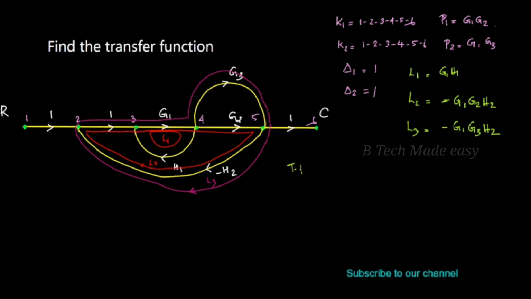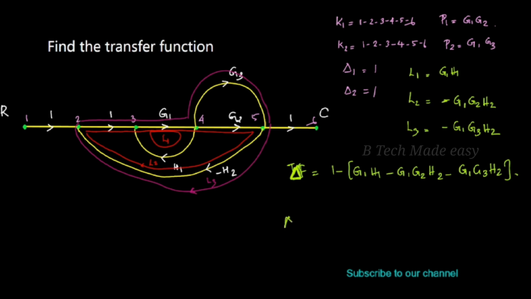So what is the equation for the transfer function? Transfer function is equal to 1 minus the sum of individual loop gains. That is 1 minus G1 H1 minus G1 G2 H2 minus G1 G3 H2. Sorry, this is the value of delta, not the transfer function.